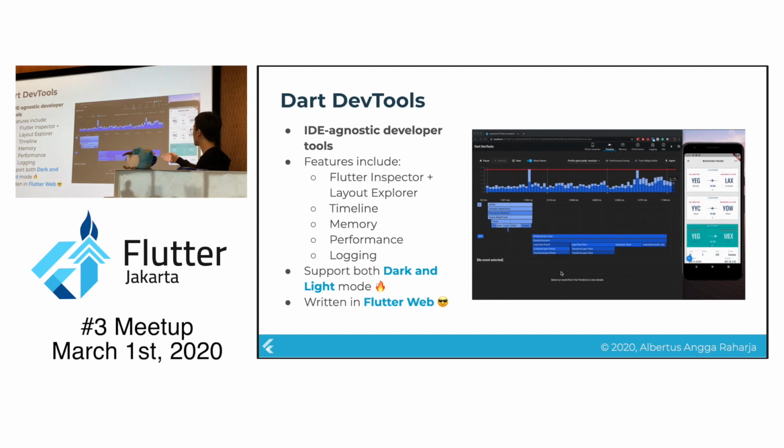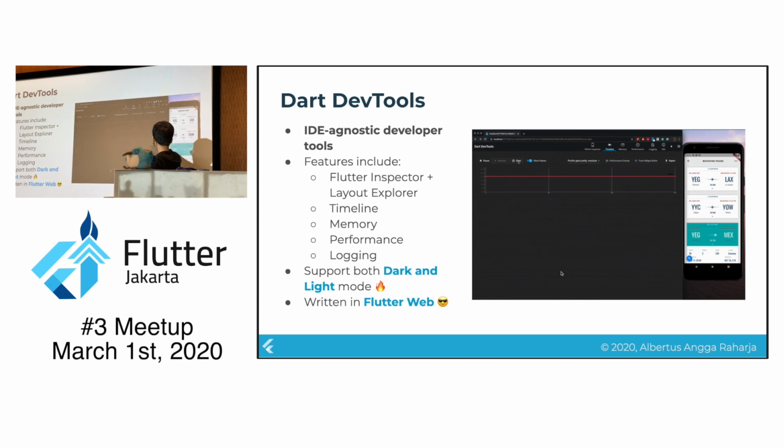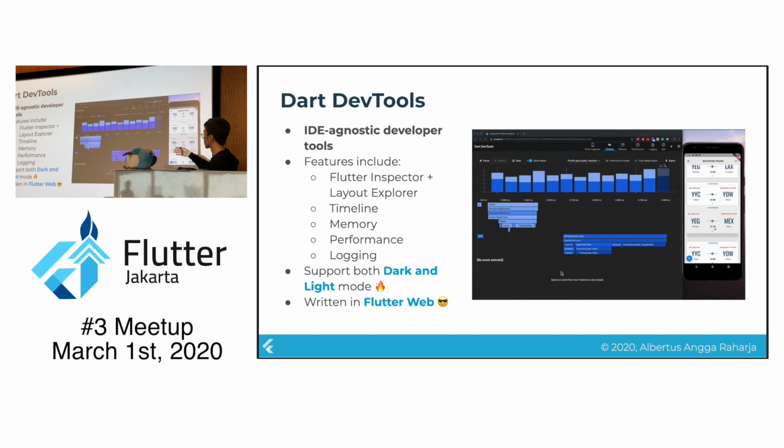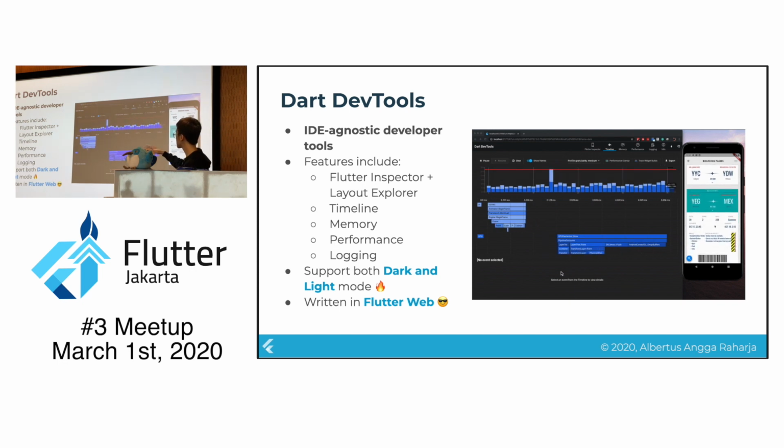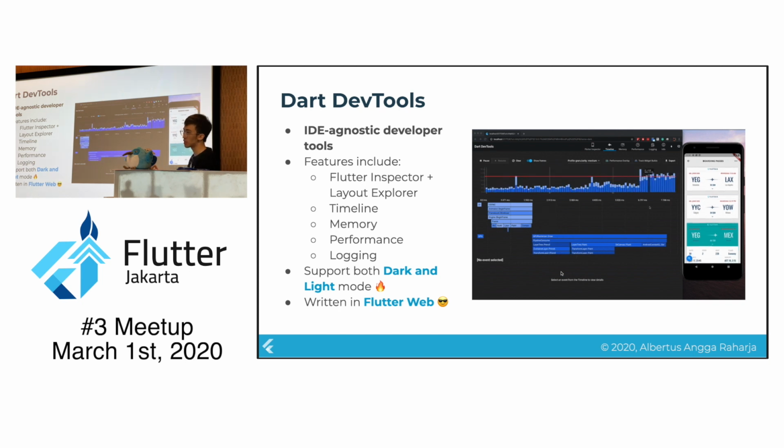So the features include Flutter Inspector plus Layout Explorer that we will cover later, and the timeline page, which will help you to profile the CPU time for your application. You can see what event takes the most time if you really need to optimize your performance.